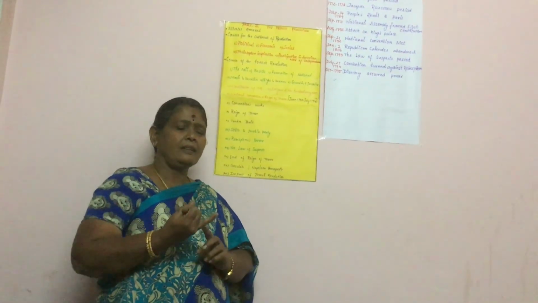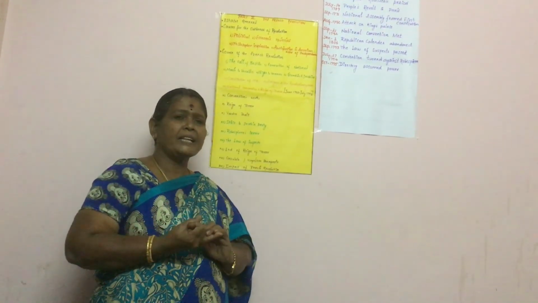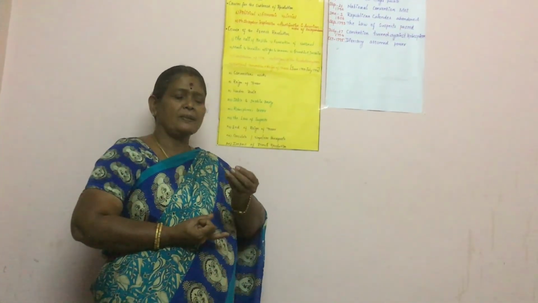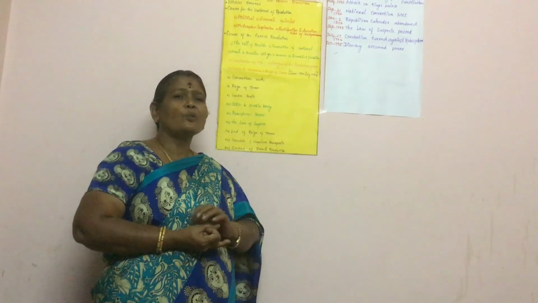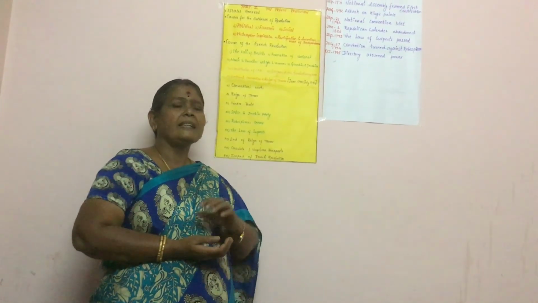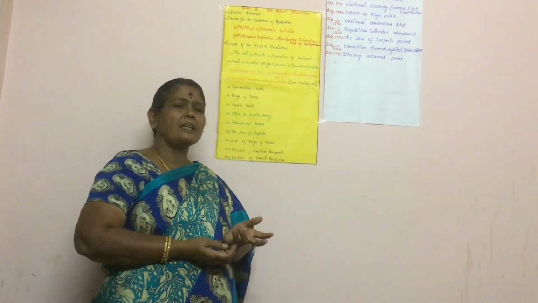One was what we call the Vendée revolt. At a place called Vendée, the peasants started to oppose conscription. Those who were involved in that protest were caught, tried and executed. They were killed.